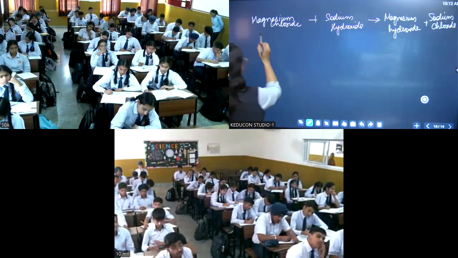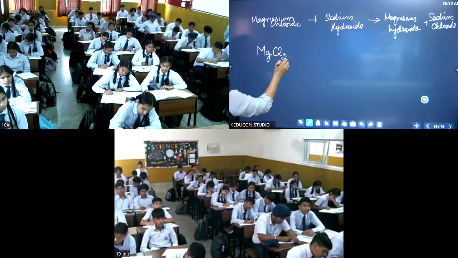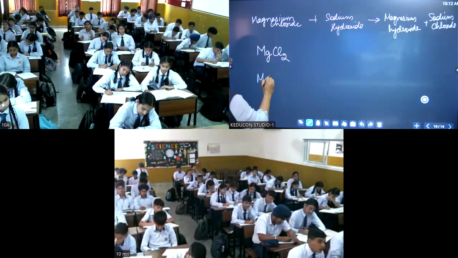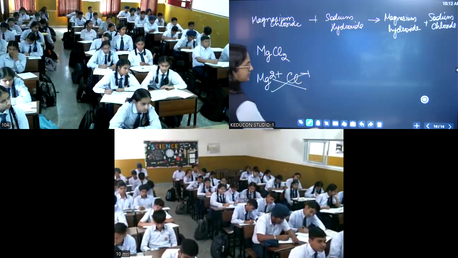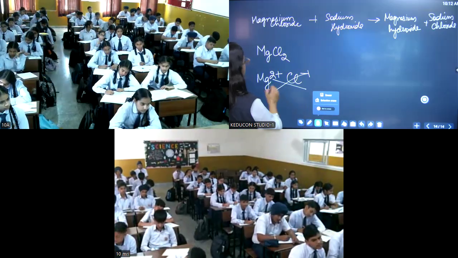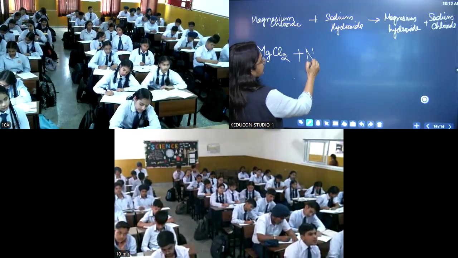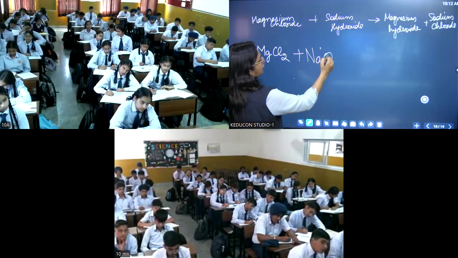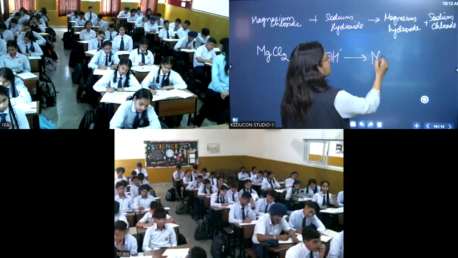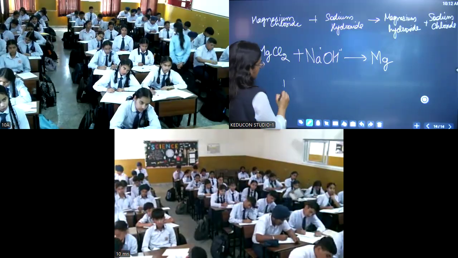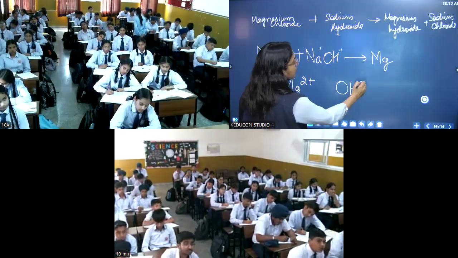Right. So what is the formula for magnesium chloride? MgCl2, because magnesium carries 2 positive charge and chlorine carries -1 charge. This crosses and gives you MgCl2. And what is the formula for sodium hydroxide? Na is 1 positive and OH is 1 negative. So NaOH. And magnesium hydroxide, Mg(OH)2: we have Mg 2 positive and hydroxide ion is OH negative.